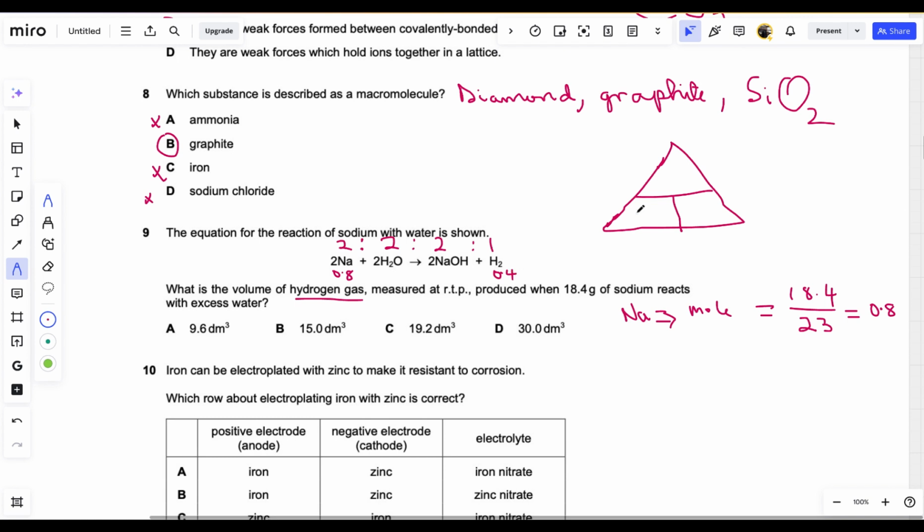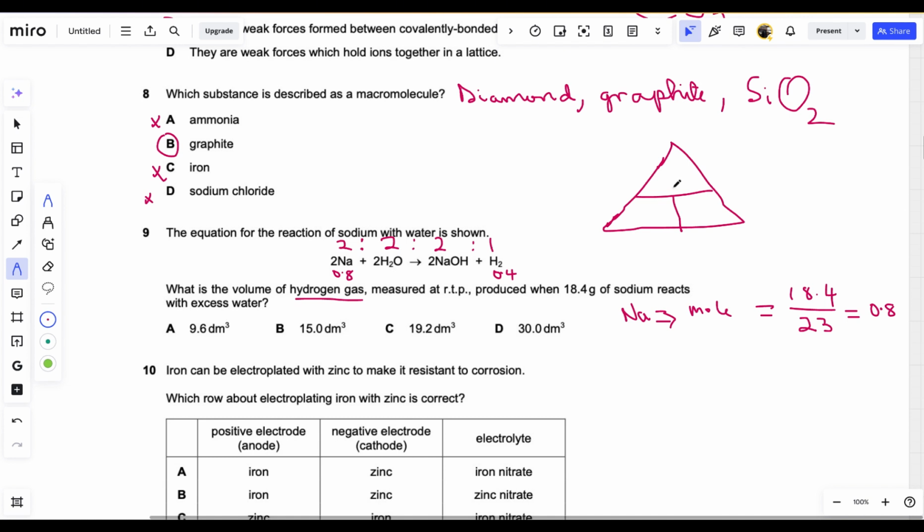And volume is mole over 24, right? Or mole is volume over 24. Which of them? Do you still remember or did you forget your formula for mole?